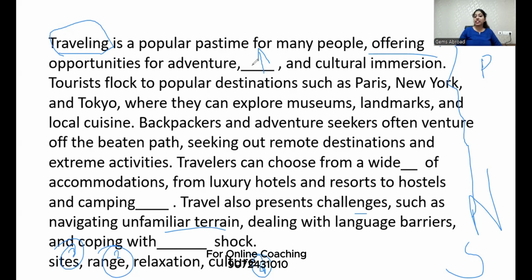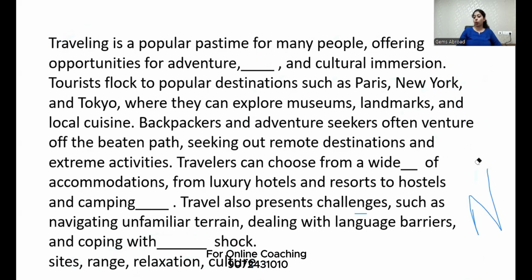Again, what? It is relaxation and cultural immersion. Okay. So this is how you have to save your time. If you're not getting the first blank, don't spend too much time. Just move on. Then come back after solving all the blanks and solve the remaining one. Okay. So we'll do the next one.